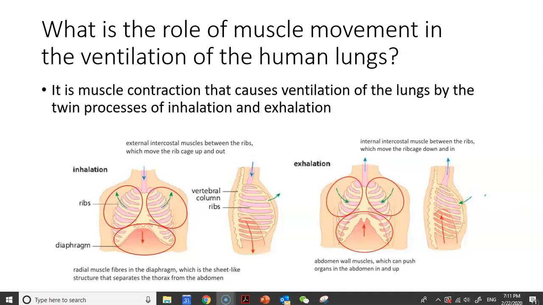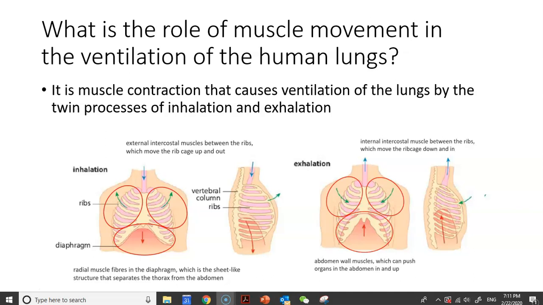What about the exhalation? Yes, when you do exhalation, then you release the air outside, and you feel that you are releasing a kind of contraction in your chest. Who is doing this? Not you, your muscles.